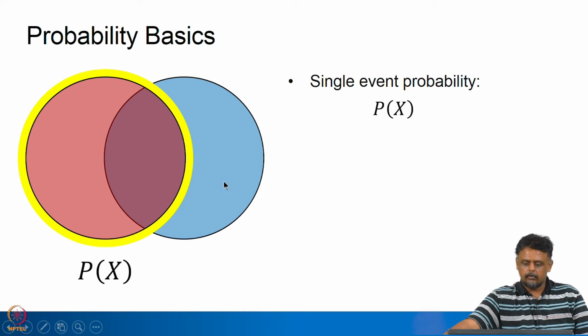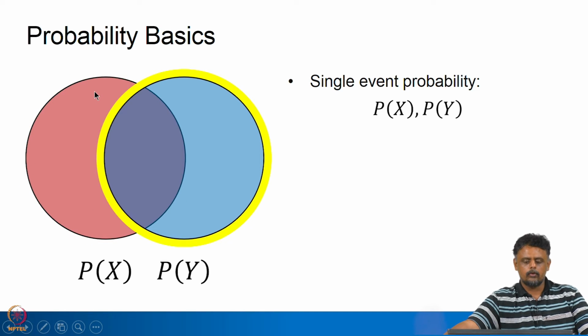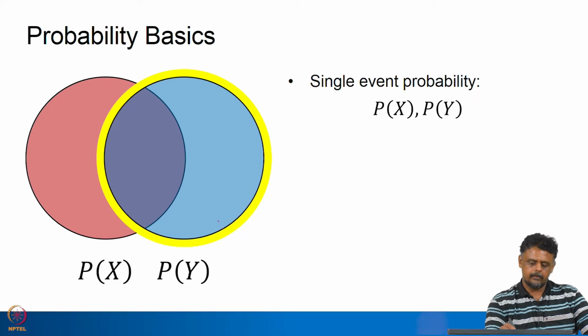Some of these would have been covered in previous videos, but just for the sake of continuity. We use Venn diagrams to denote the space of events x. The probability of event x is given by p of x, the circle highlighted in yellow, and we have another event y, given by the other circle, again highlighted in yellow.